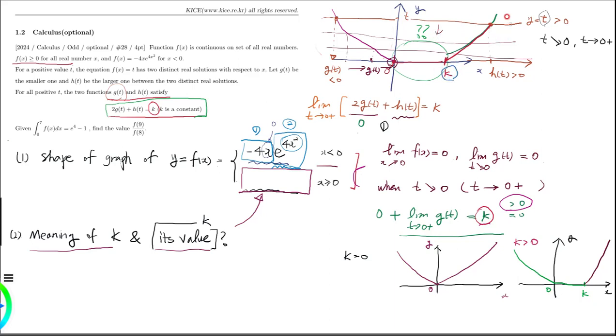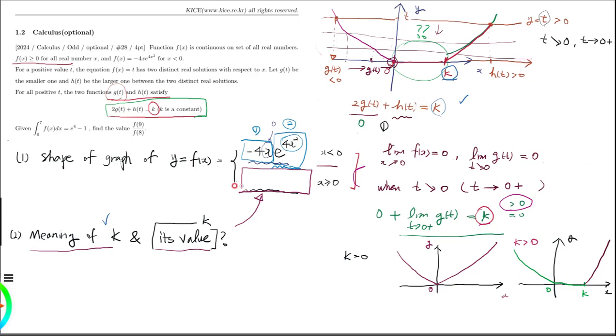Once we figure out the specific value of k, we can use this relationship between the inverse functions g of t and h of t.